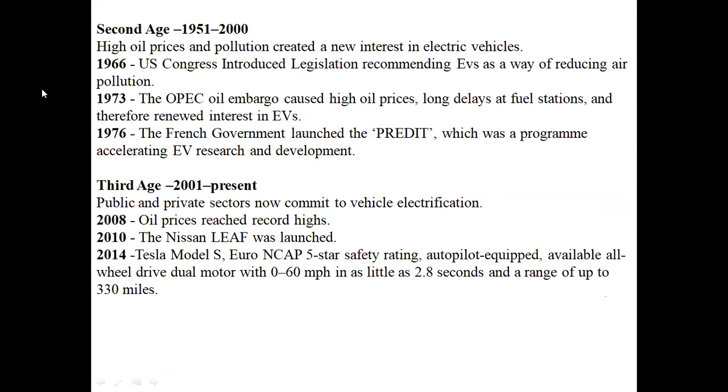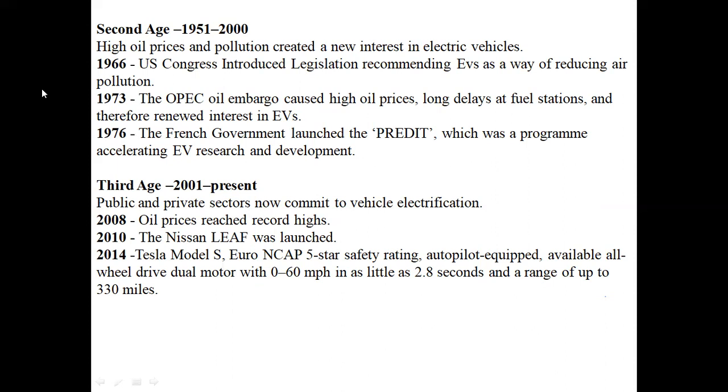Next one we call the second age. The duration is from 1951 to 2000. Here high oil prices and pollution created new interest in the electrical vehicle. After World War, there was a sudden increase in oil prices, and conventional vehicles caused a lot of environmental pollution.